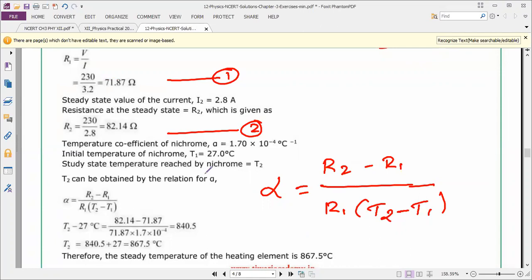Now they are asking for the steady state temperature reached by the nichrome, the increased temperature T2. Do the simplification and you will get 867.5 degrees Celsius. Check whether you are getting the correct answer or not.